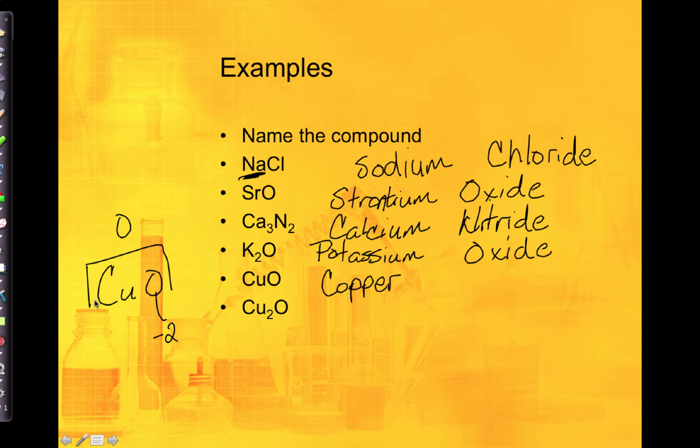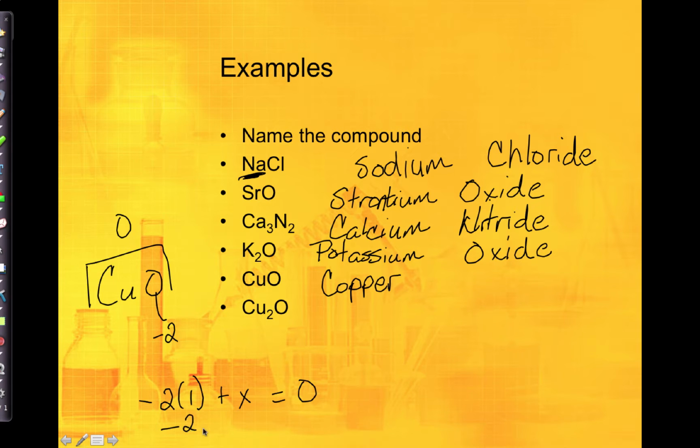So if I have one copper atom here, and one oxygen atom, and you can tell because there's no subscript, no small number here, so there's just one atom of each. If I know that oxygen is a -2 charge, and there's only one of those, what does the charge of one copper atom equal if the whole thing is 0?